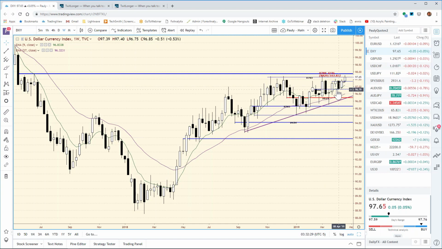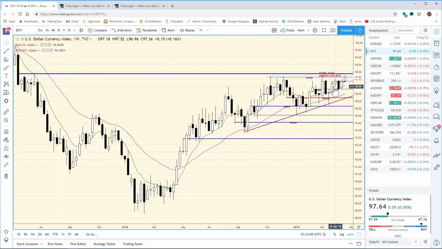I mean, it held that 96.81 area here, so it wasn't even much of a pullback. So the only way you're going to knock these bulls off the perch is if you were to get them to think, oh, okay, I can't be long anymore. That would have been close down here to this area, 96.24 or lower. And we're not seeing that. So they're going to continue to stay long the dollar. And so technically it allows this move up to 97.89.